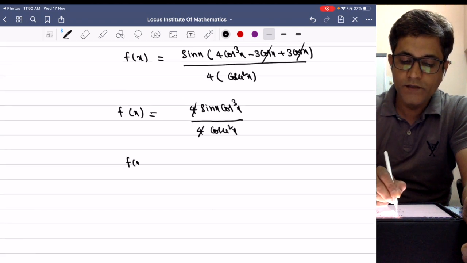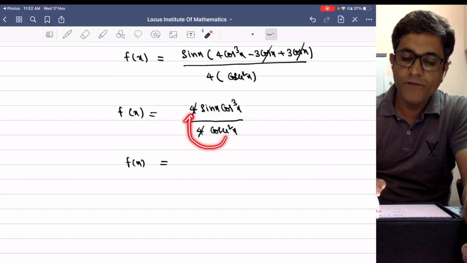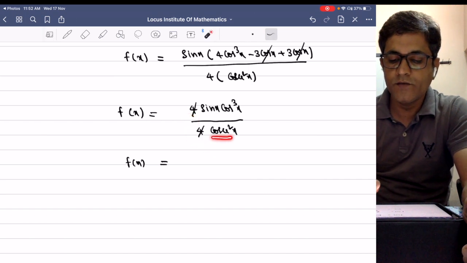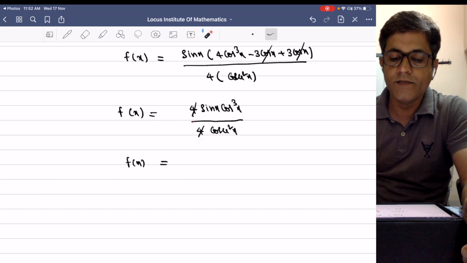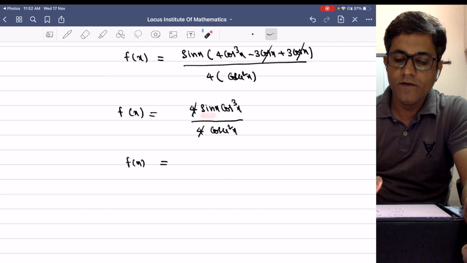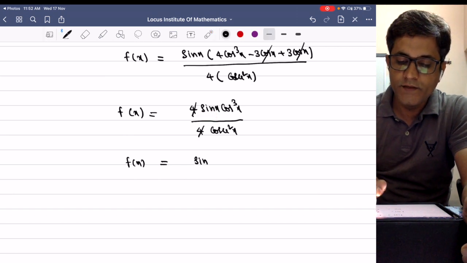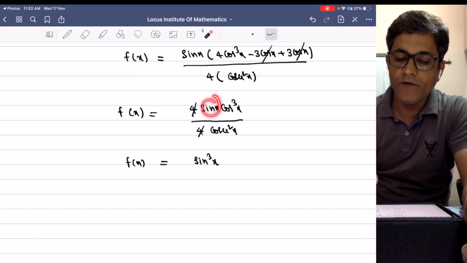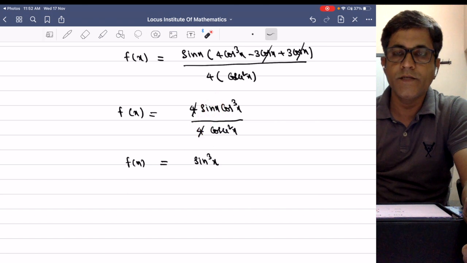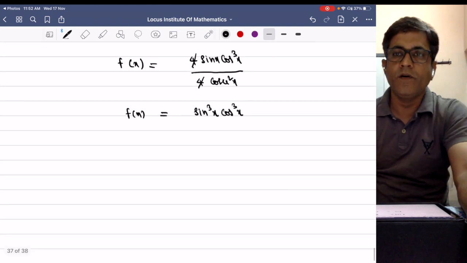So f of x is equal to, you take the cosecant square x into the numerator, and it becomes sin square x. Because already one sin x is there in the numerator, this becomes sin cube x into cos cube x. Now this is our f of x.